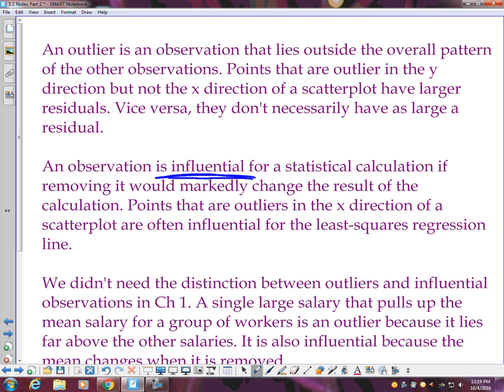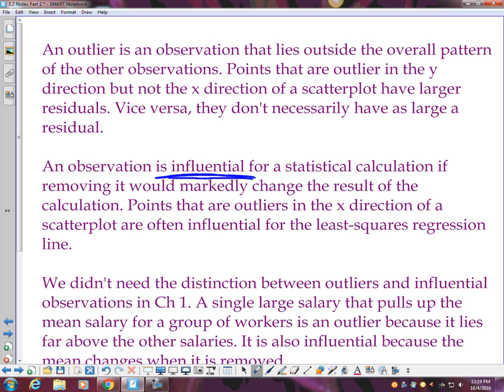An observation is influential for a statistical calculation if removing it would markedly or drastically or significantly change the results of the calculation. Points that are outliers in the X direction of a scatter plot are often more influential to the least squares regression line than if you had an outlier in the Y direction. So child number 18 is more influential to our line than child number 19.